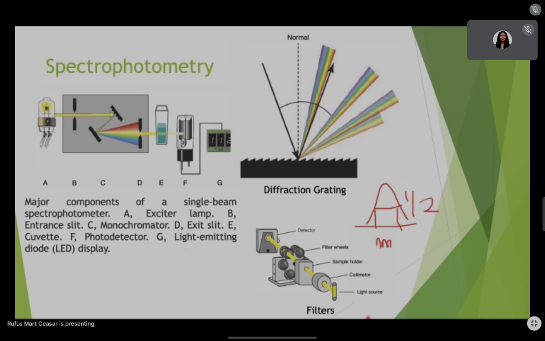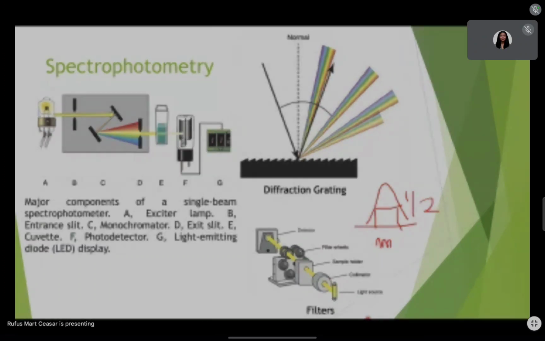So, the spectral purity of a filter or other monochromator is described in terms of its spectral bandwidth, which is defined as the width in nanometers of the spectral transmittance curve at a point equal to one half of the peak transmittance. So, yan yun. Usually 50 nanometers yung bandwidth na yan.